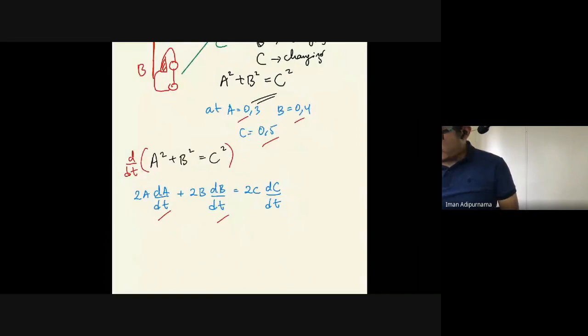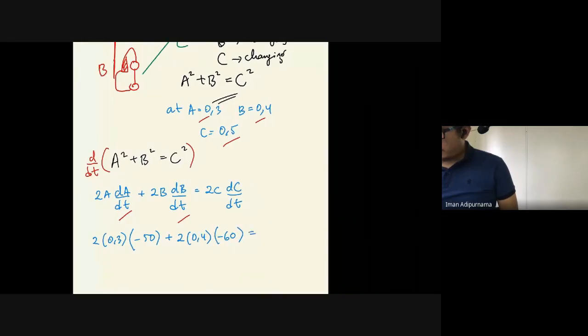So I will write this as 2 times 0.3 times negative 50 plus 2 times 0.4 times negative 60, equals 2 times 0.5 times dC/dt.